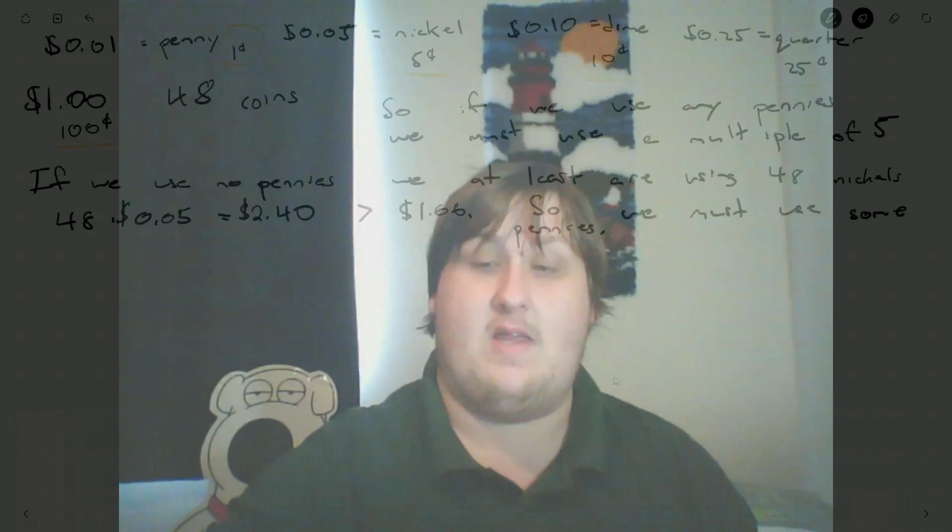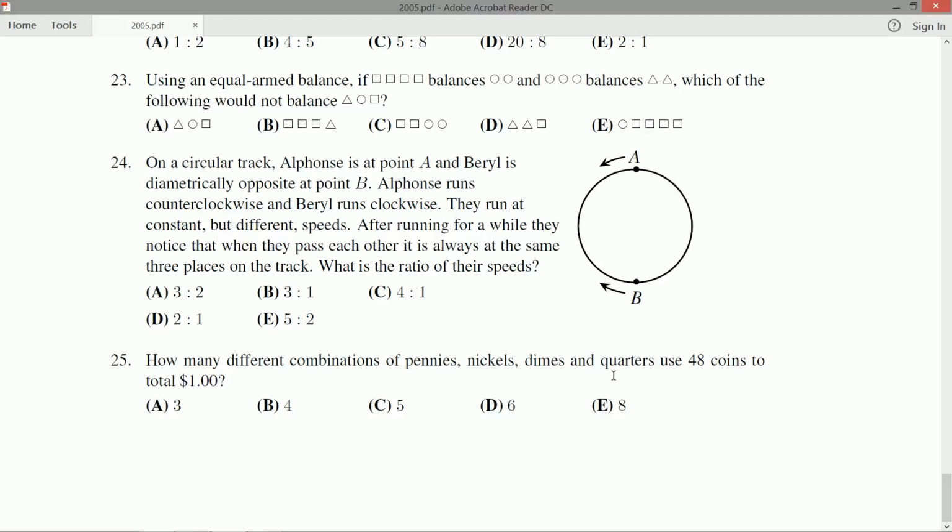If we take a look at their potential answers here, there's 3, 4, 5, 6, at most there's 8 ways to do what they're asking. There's lots of different ways to use 48 coins, but to get specifically $1, that's a little more restrained.